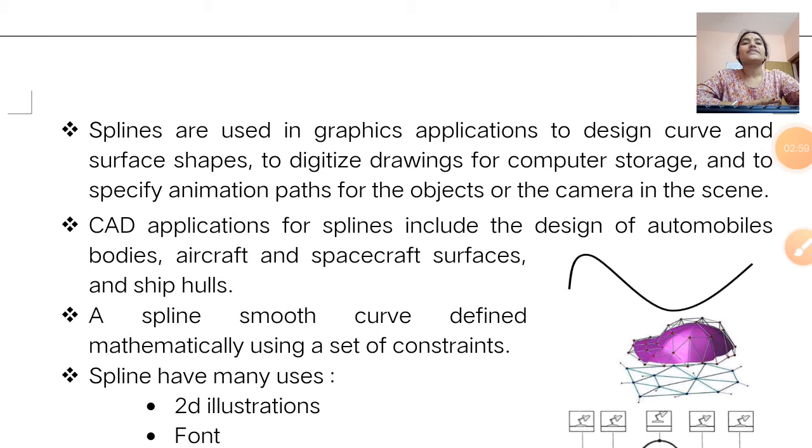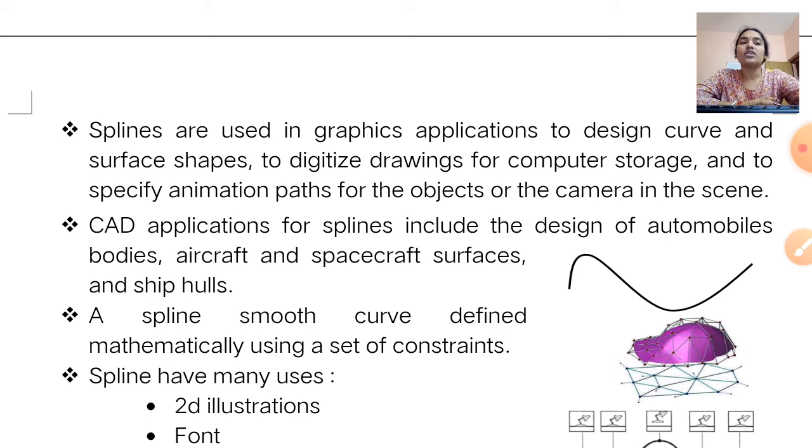Splines are used in graphics applications to design curve and surface shapes, to digitize drawings for computer storage, and to specify animation paths for the objects or the camera in the scene. So what are the different purposes?